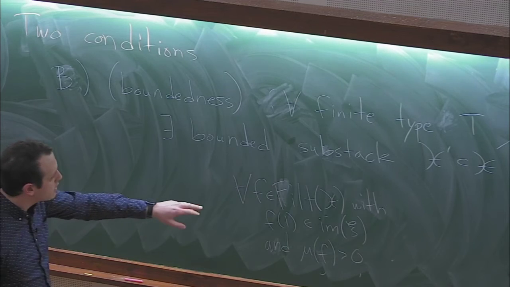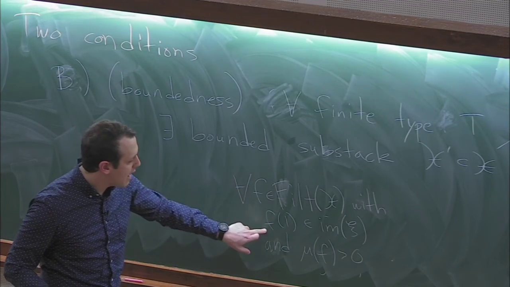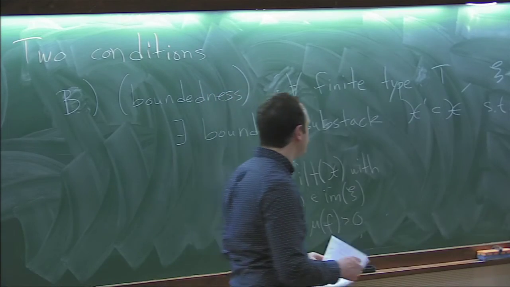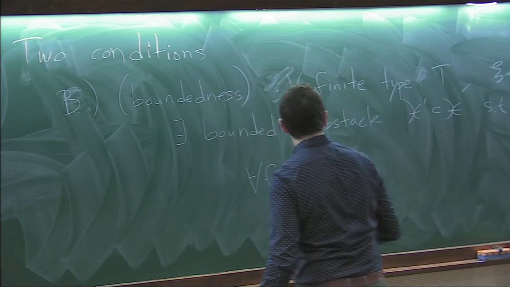So in words, if you have a filtration which is destabilizing for some point, for some fiber in this family, and it suffices to only work with finite type points.